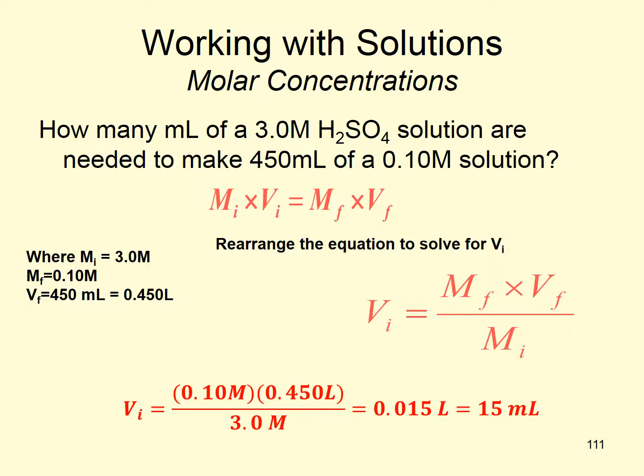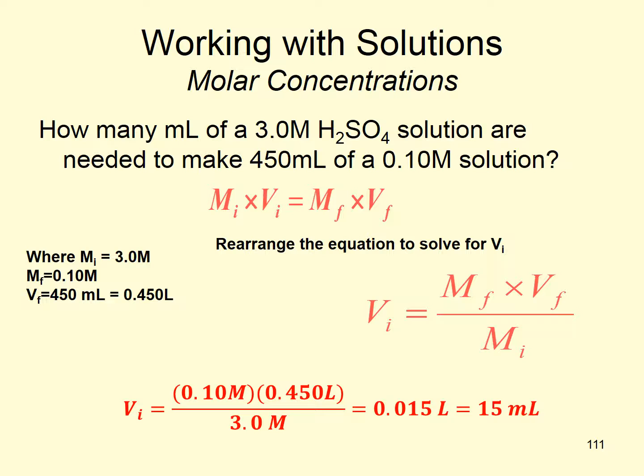So the final concentration is 0.1 molar times 0.45 liters divided by 3 molar gives us 0.015 liters, which is the same as 15 milliliters. And I will say one thing about this equation. When you're doing molarity, it always has to be in liters, moles per liter.